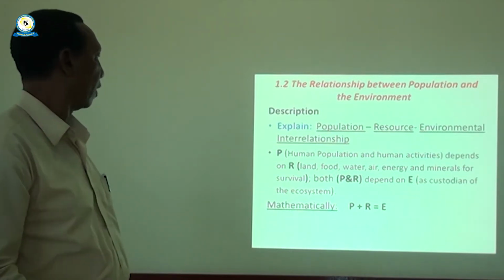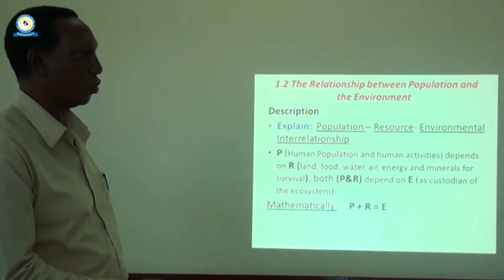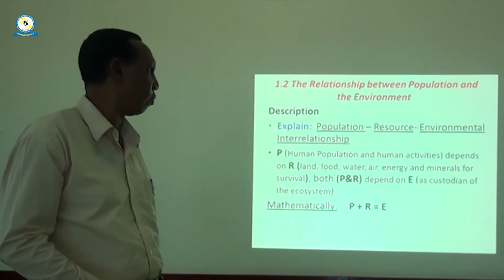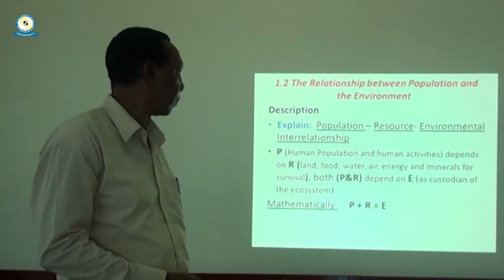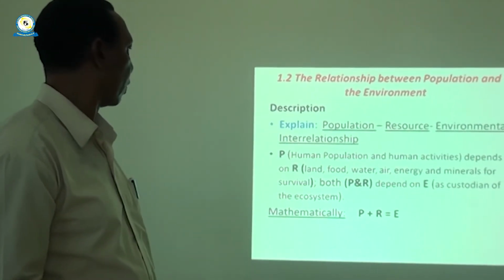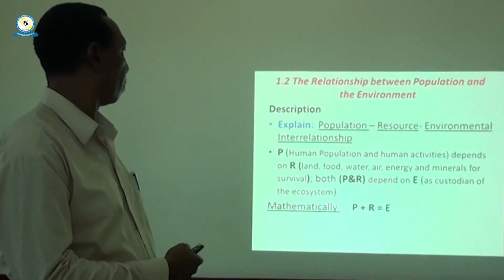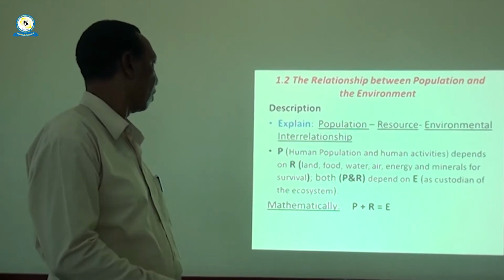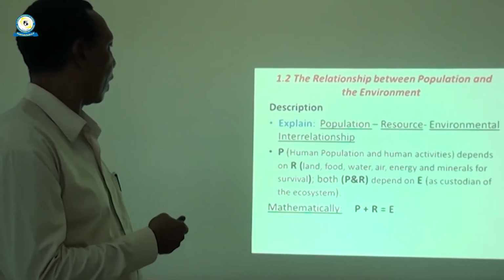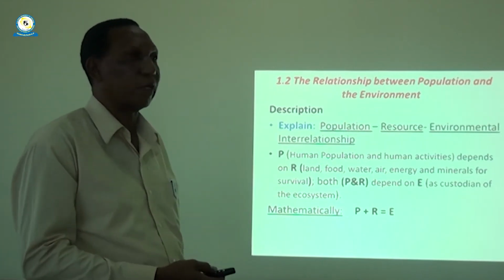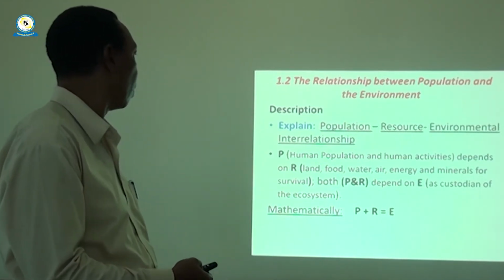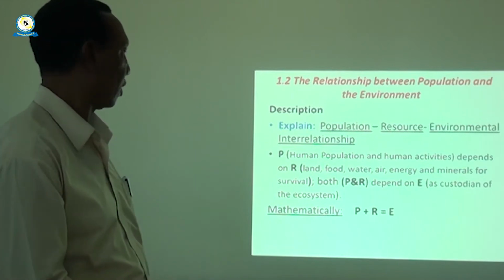The resources in this case are the natural resources, including land, food, water, air, energy, and minerals for survival. Both the population and the resources depend on are found in the environment. Thus, the environment acts like a custodian of both in the ecosystem.